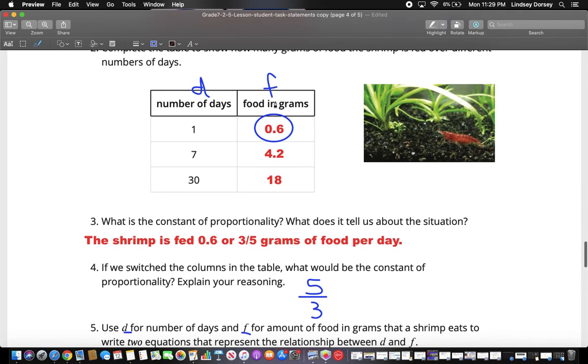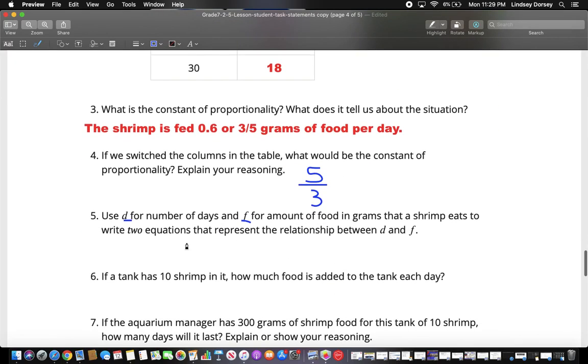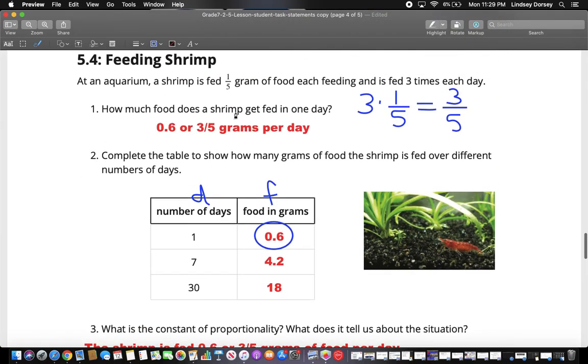Okay, so before we knew that F was 0.6 times D. So F equals 0.6 times D. And I used an O there, sorry. So F equals 0.6 times D. Or instead of 0.6, you could write 3/5.